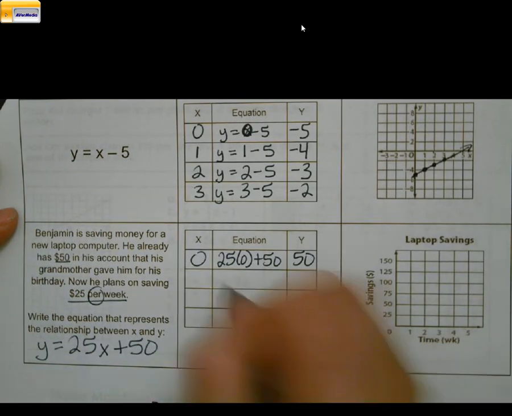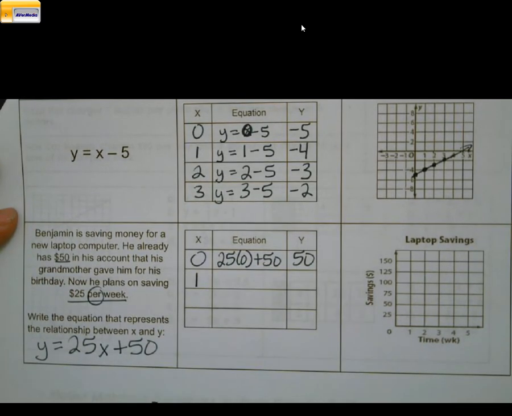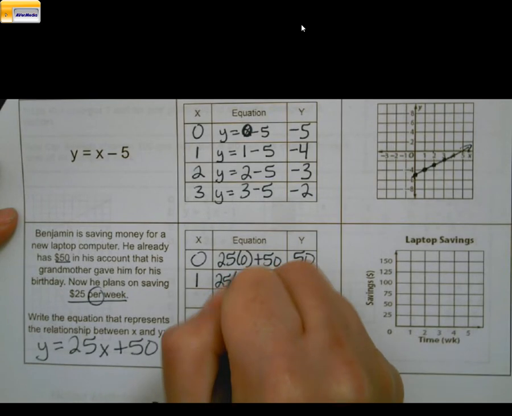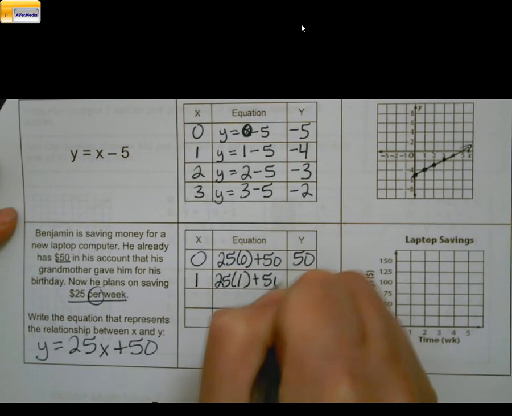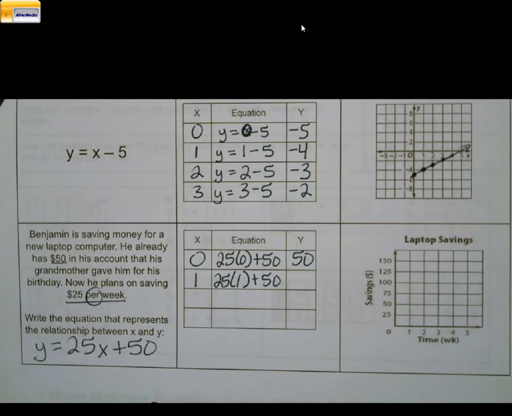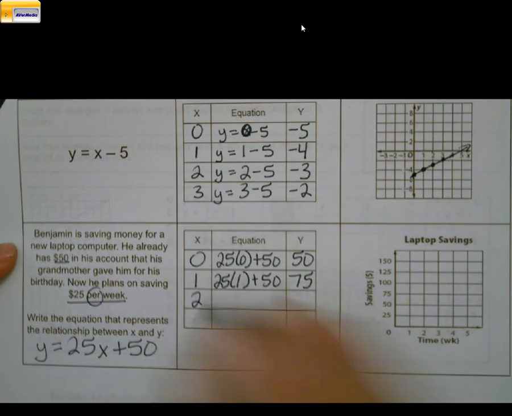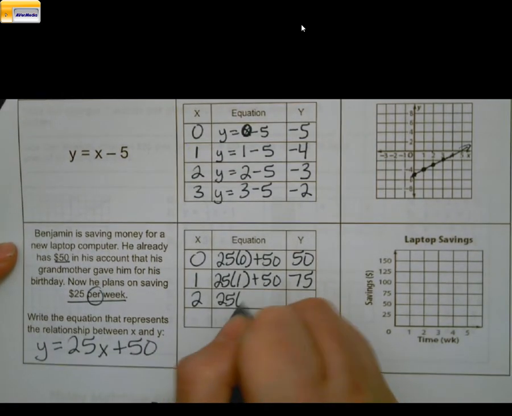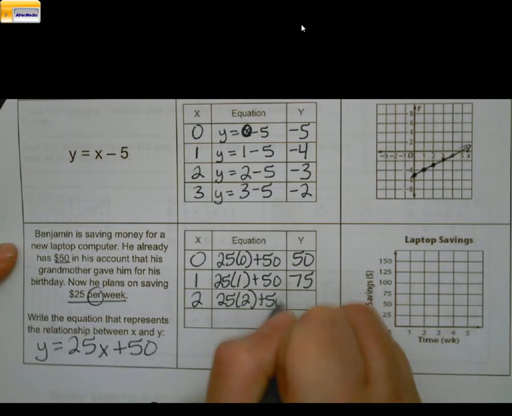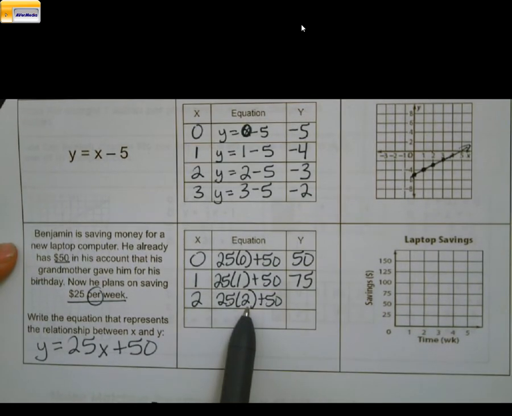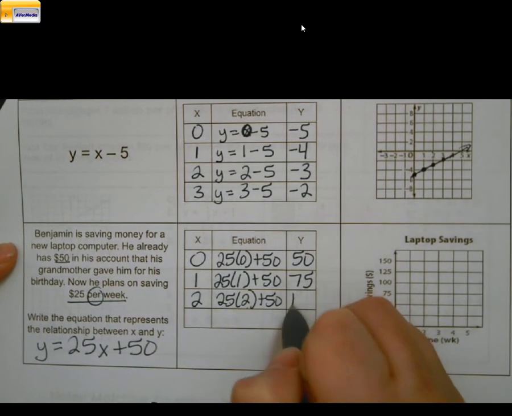Okay, now let's try 1. So I have 25 times 1 plus 50. 25 times 1 is 25, plus the 50 is 75. Now let's do 2. 25 times 2 plus 50. 25 times 2 is 50, plus 50 is 100.